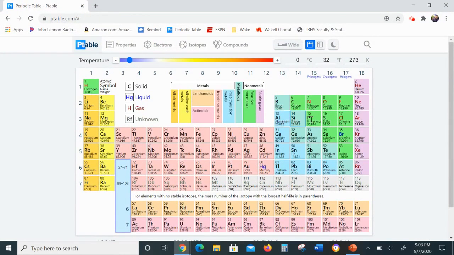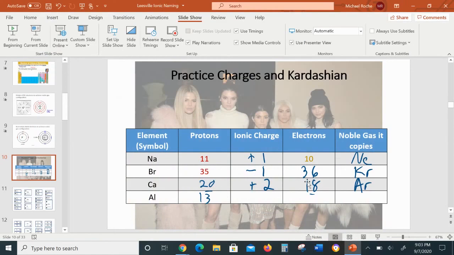It can go forward 5 to get to argon, or it can go backwards 3 and get to neon, right? So 13 goes backwards to 10, that's 3. 13 goes forward to 18, that's 5. So it's easier to go backwards to neon. So we got neon is what we're trying to be like. Neon has 10 electrons, and therefore this must have a +3 charge. That is the background that I hope you understand.